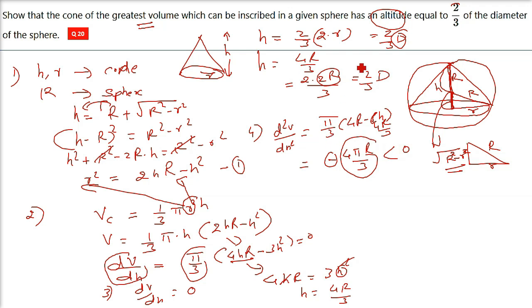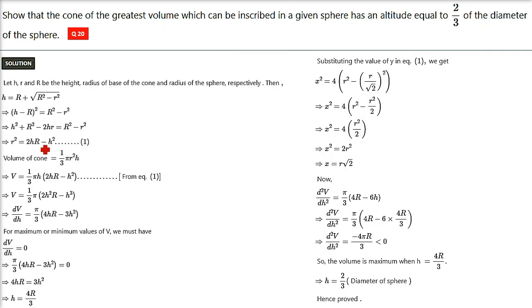Now the negative sign means less than 0, that means the greatest volume. Now this step has to be completed by you, but finally h equals 4R by 3 we have proved by the main key, which is making the first expression. So the expression number 1 is the most important key here. Other things are quite known to you, and this is simply r square, but don't worry about this, we have already seen that, because sometimes you would like to find out small r also, but it is not required here.